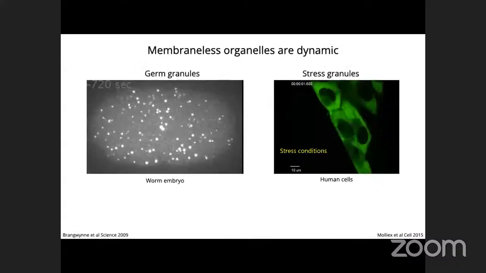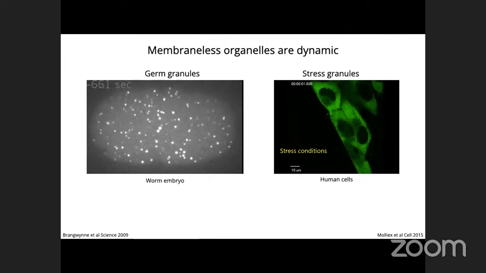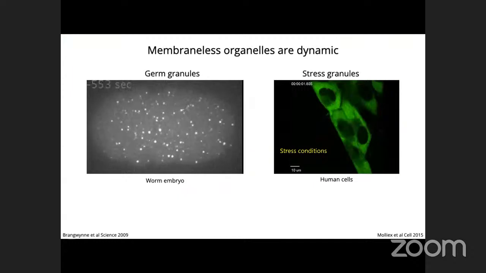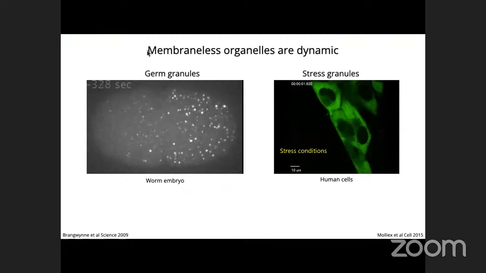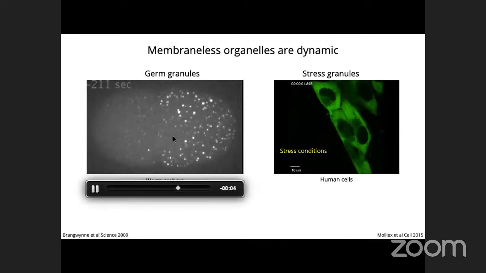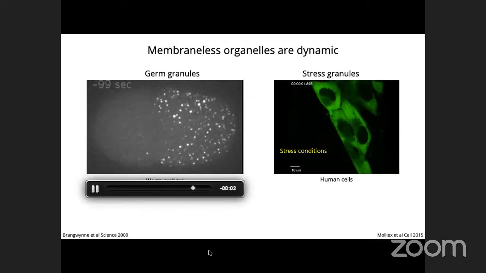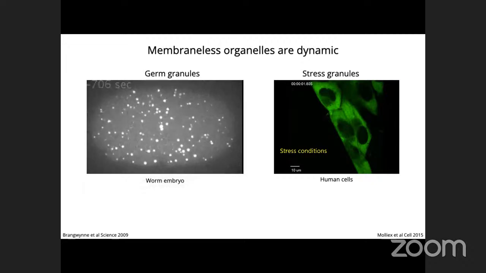And going from electron microscopy, where you look at fixed cells, like single snapshots in time, with fluorescence light microscopy, we can look at movies. And this is why I'm a cell biologist, for the movies. So in this particular movie, this is a worm embryo, and what we've labeled is a protein that localizes to germ granules.